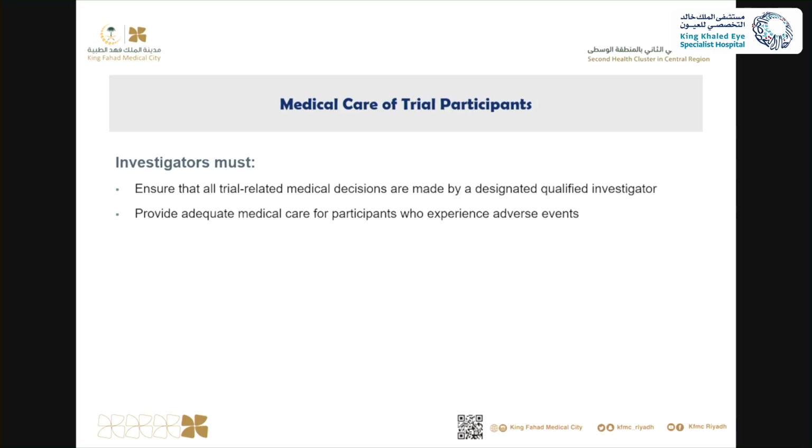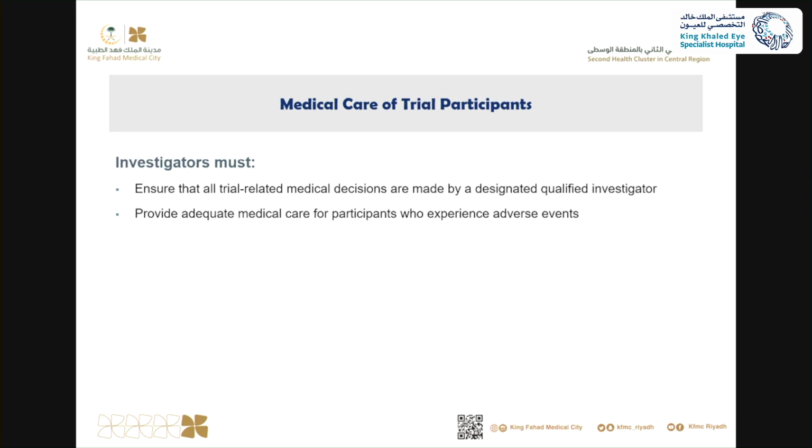Medical care. With no doubt, research subjects during the study conduct will experience side effects. Some side effects might be expected according to the study brochure or investigator brochure, but some side effects are really very serious, that need hospitalization or might put the patient in a life-threatening condition.